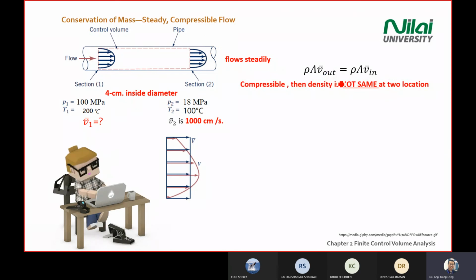Okay, we continue solving. So you have rho A V, which is V hat, which means that you are going to use the average velocity. Why average velocity? Because we already converted the red color line, which is a non-uniform flow, into a uniform flow scenario. So we are using v hat rather than the v in a normal condition.